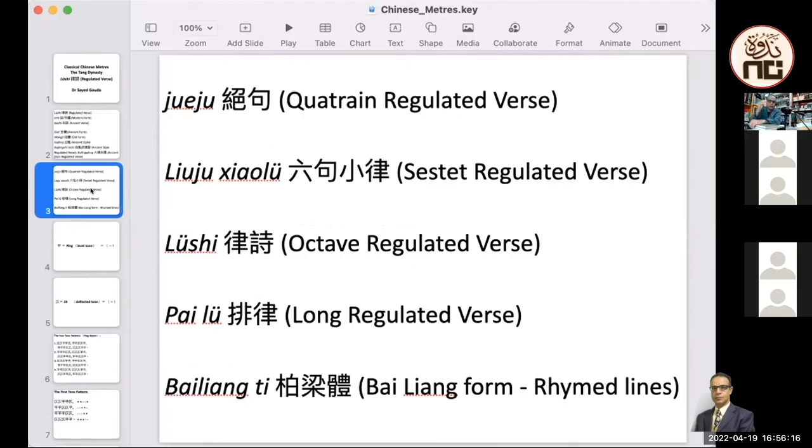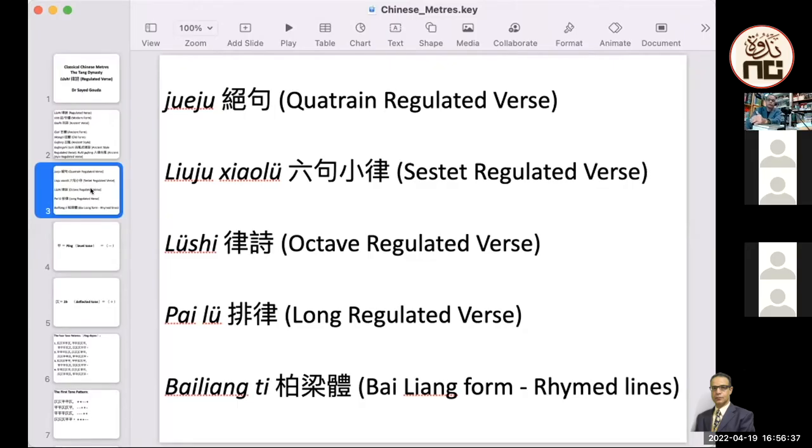Or octave, meaning 8 lines. Usually it's 8 lines. The regulated verse usually comes in octave form, meaning 8 lines, 律诗. And of course, all the others were used, but the 律诗 refers to the 8-line poem.